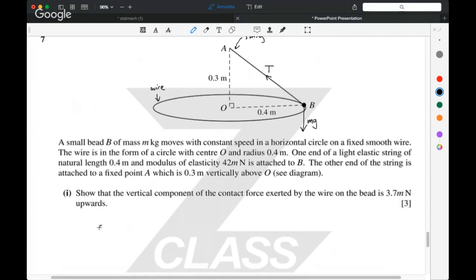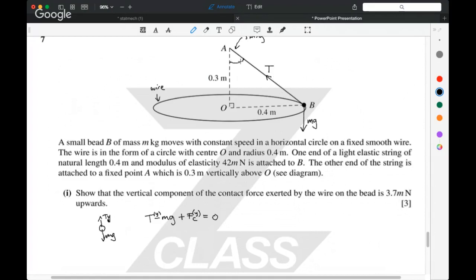So on our object, here's mg, here's T, and so T minus mg plus whatever the contact force is equals 0. The contact force in the y direction, so the vertical component, and this is Ty, not the whole T, obviously. Well, what is Ty? We can get it from this triangle.